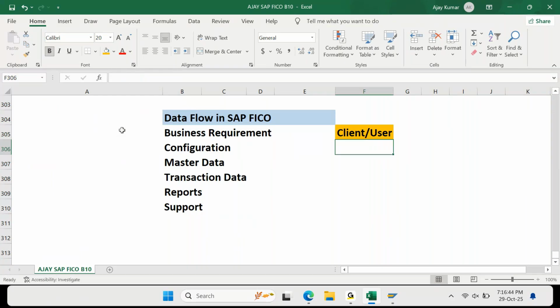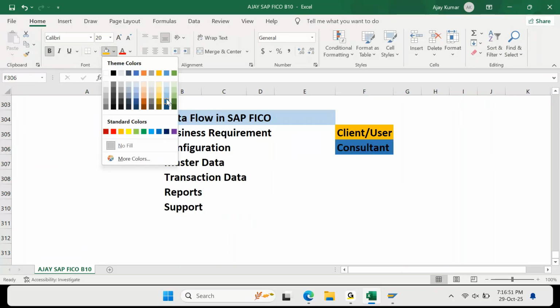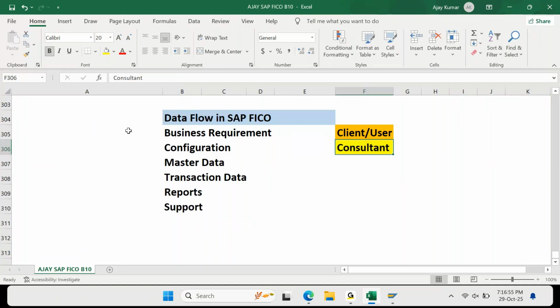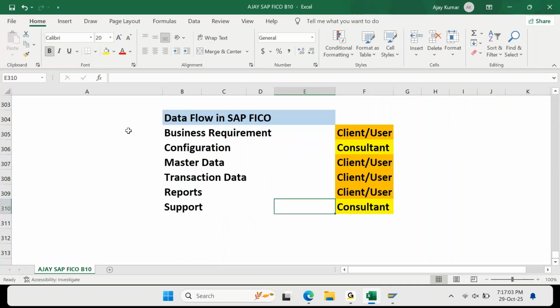Configuration is maintained by the consultant. Again, master data and transaction data, all these are by the user. Support is by the consultant. Understood?